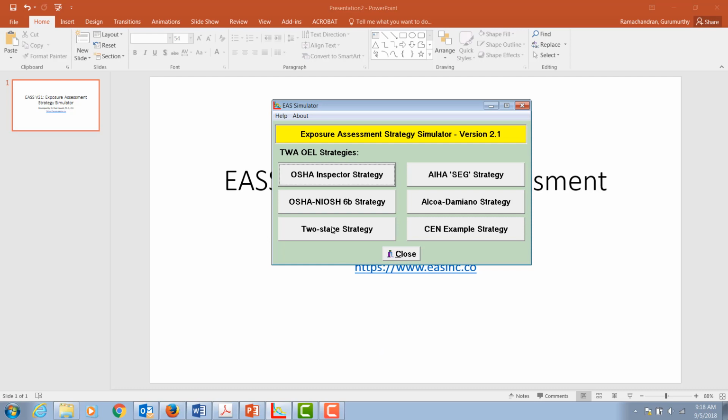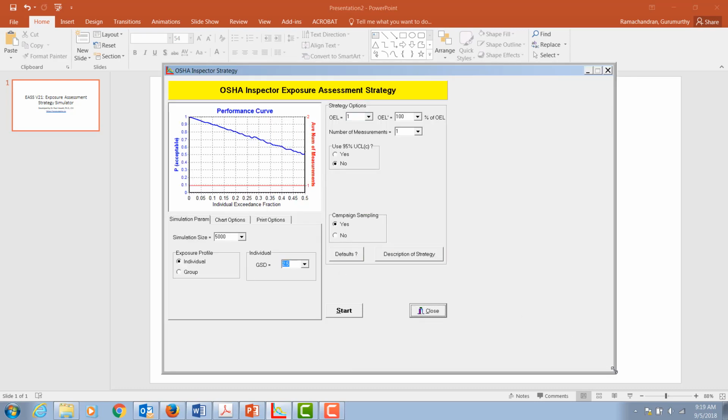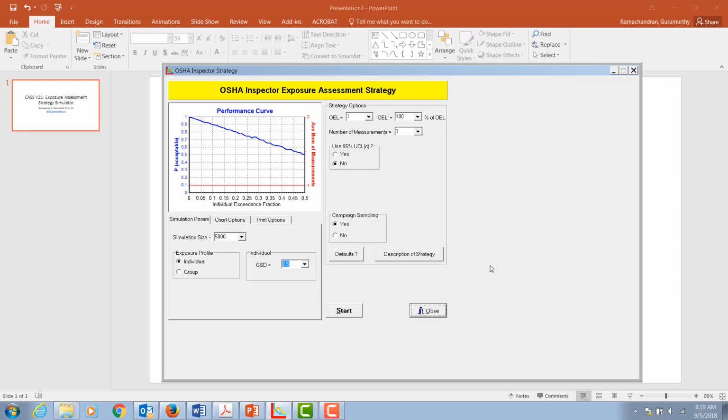What we'll do in this unit is just 2 of the strategies: the OSHA inspector strategy and the AIHA SEG strategy. So let's just click on the first one, the OSHA inspector strategy.